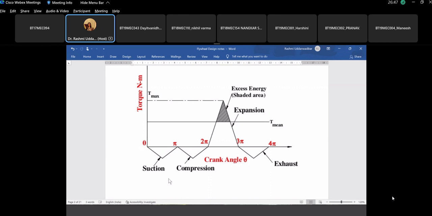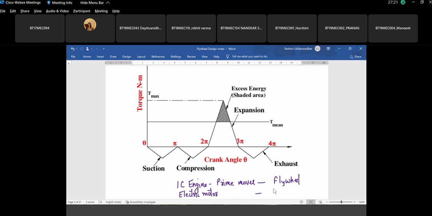So an IC engine as an input source of power, as a prime mover or an input, will always need a flywheel if this is on the input side, and if the input is an electric motor, then a flywheel may or may not be required, because this is continuously supplying constant torque. Now it also depends upon what the application is.